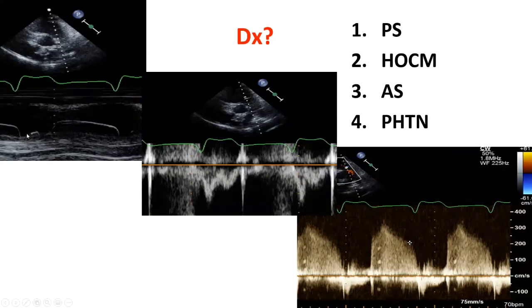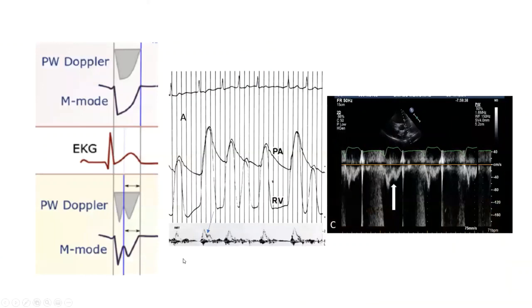So here's the notch in the pulmonary valve envelope, and here is the corresponding notch in the RVOT flow signal. This we've come to appreciate more recently is a good sign of pulmonary arterial hypertension.